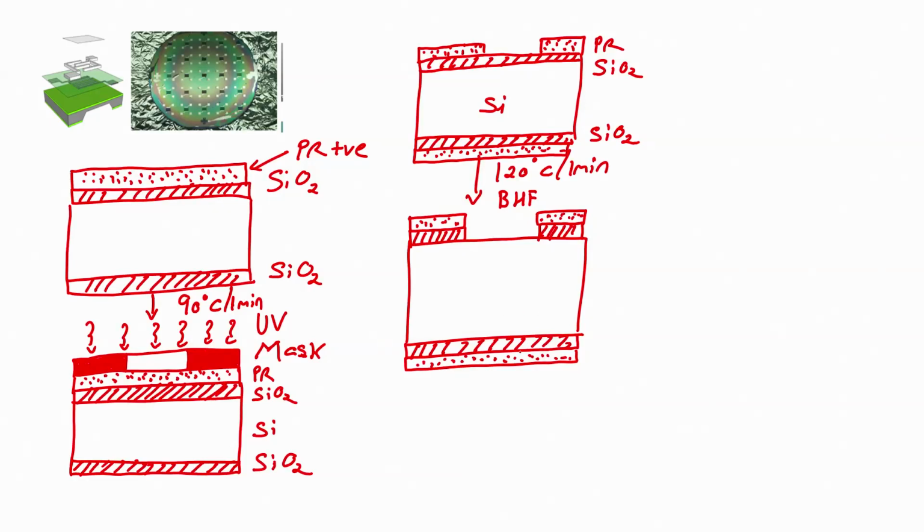This will protect my oxide on the other side of the wafer, right. So, what I have is PR, SiO2, silicon, again SiO2, and positive photoresist on both sides of the wafer, right.